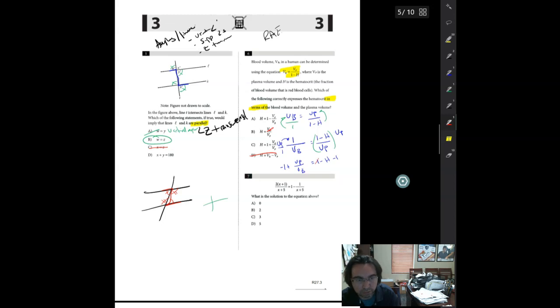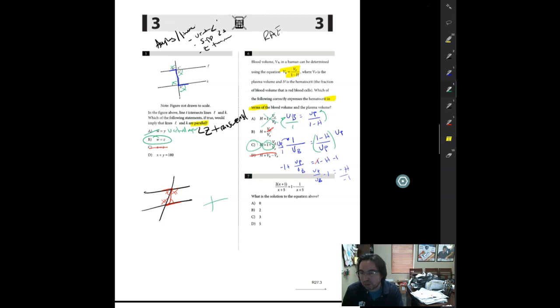And so now I'm left with, I'm clearing out a little room here, VP over VB minus 1 equals negative H. Well, then I need to distribute the negative here. So I need to divide by negative 1. And so that's going to change all these terms, make that instead of minus 1 a positive 1. And so we see that is right there. So C is the answer choice and not A on that one.